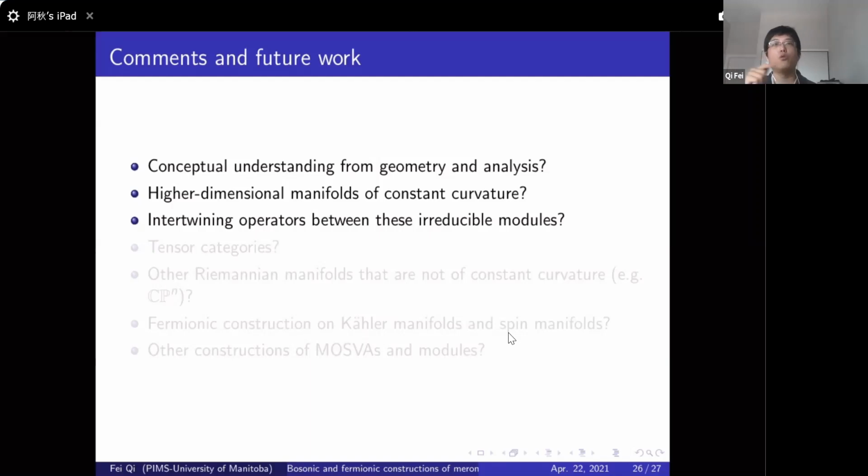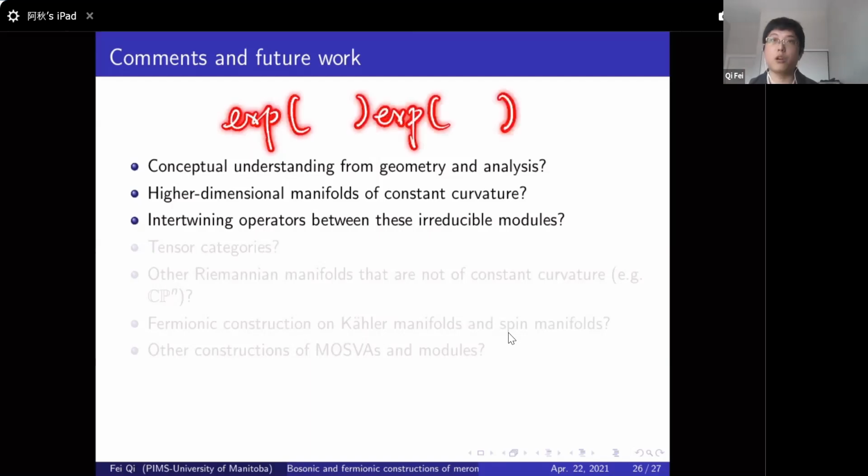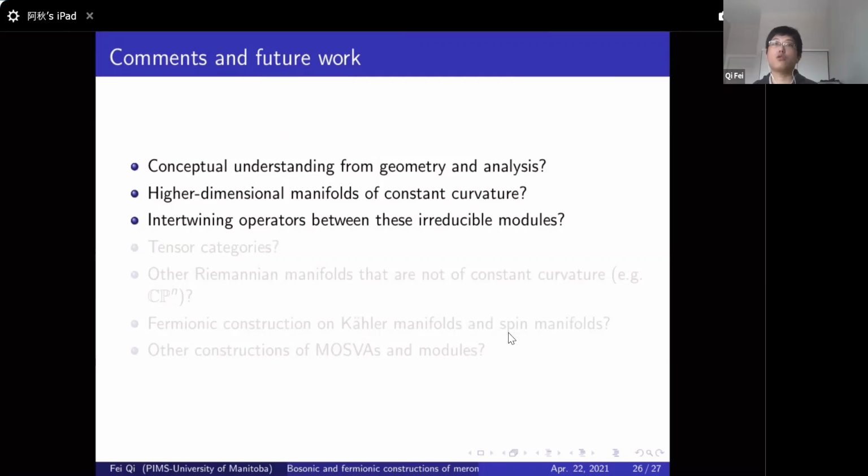In that case, you could use, for example, the exponentials of two particular fields to construct intertwining operators. But when the curvature is non-zero, whether such a mechanism works is not predictable at this moment. But this is definitely an important question.